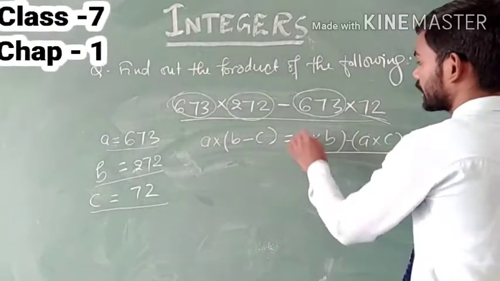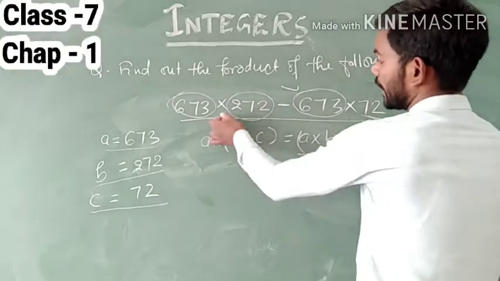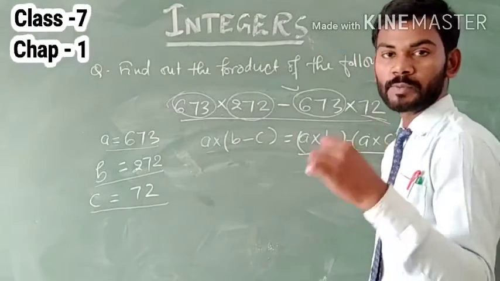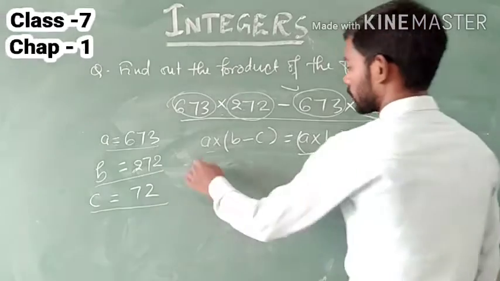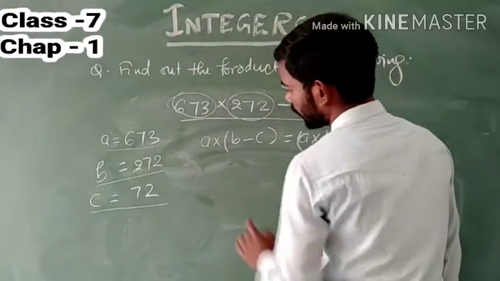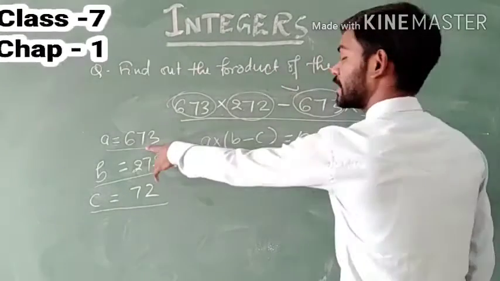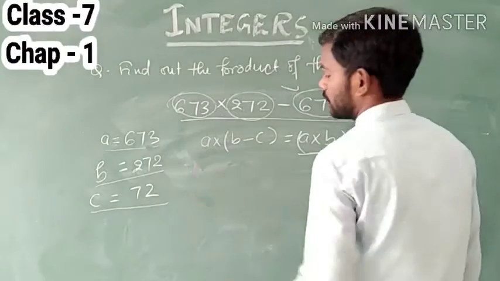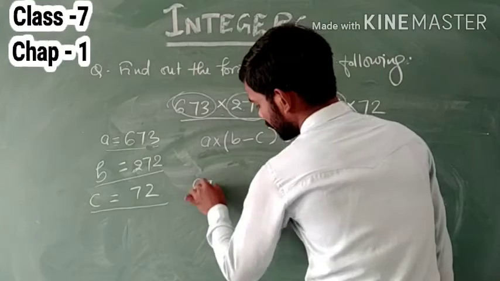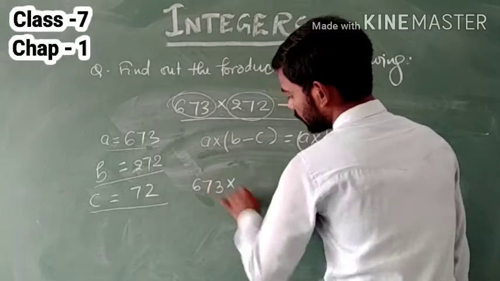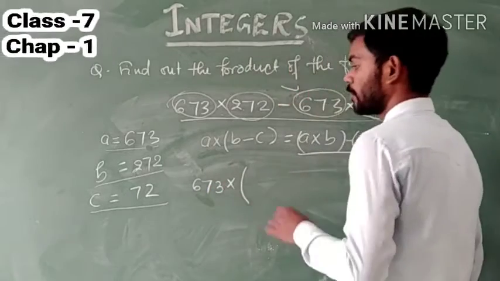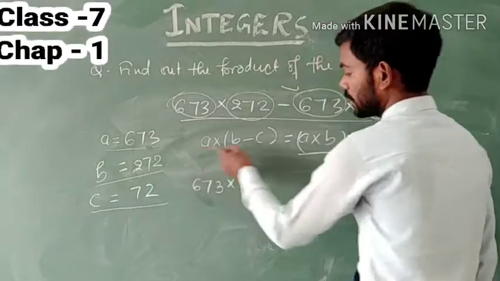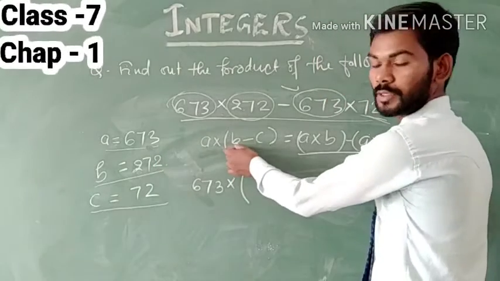Since the right hand side is given here, we can write this expression in the form of a multiplied by (b minus c). So here we have to write 673 in place of a. So here we write 673 multiplied by, we shall write 272 at the place of b.